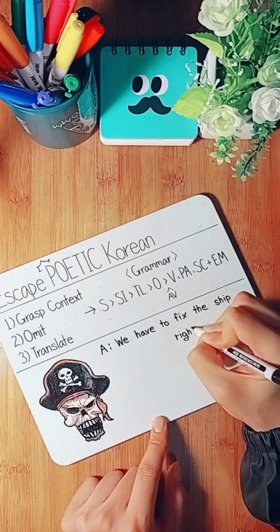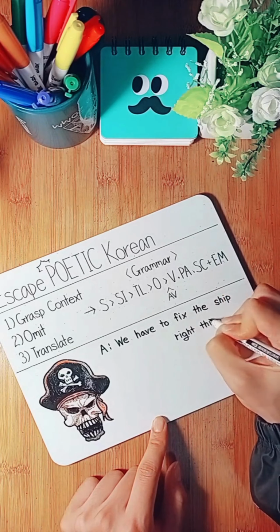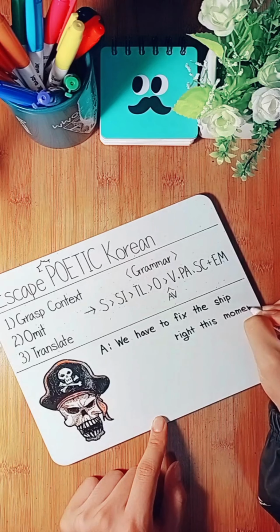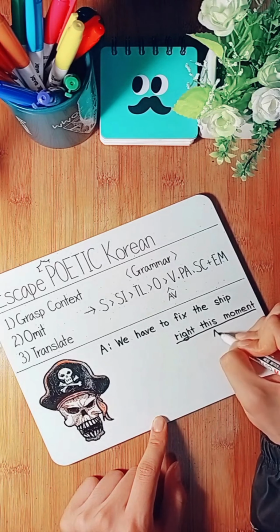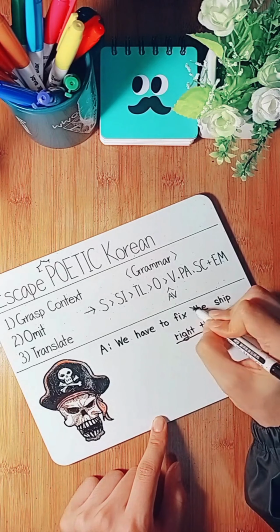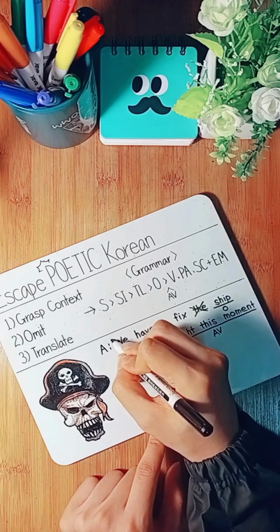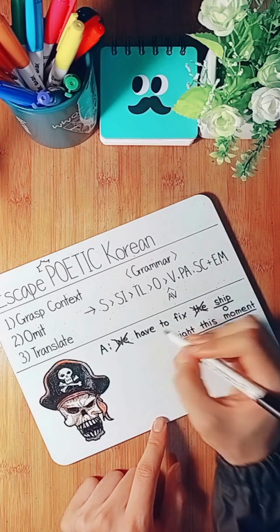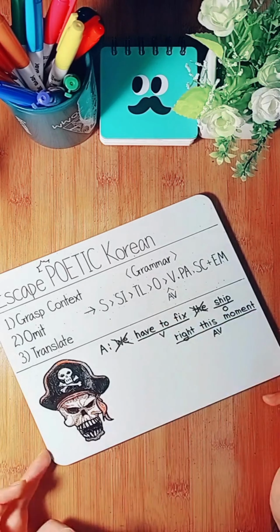We used it maybe a couple of months ago. Maybe once or twice. Of course, ship, the object, and of course, A is talking about we. It's too obvious, therefore I'm not even going to say it. The verb have to fix.